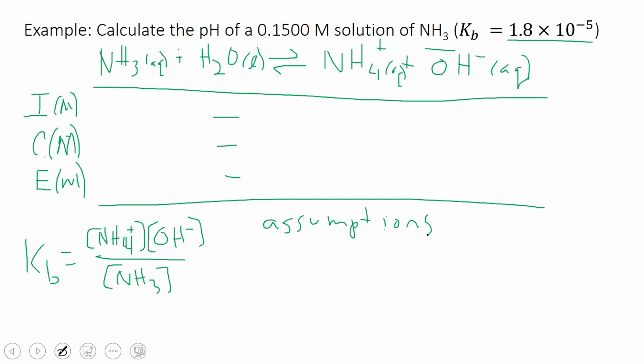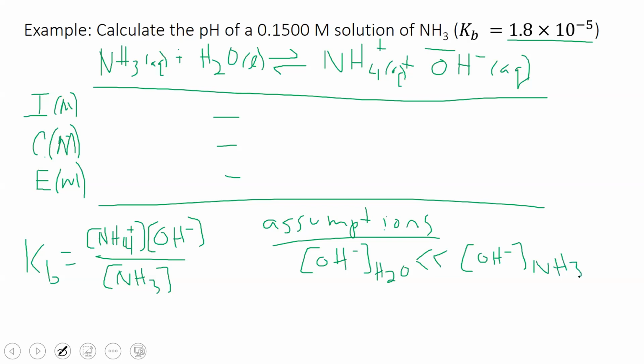Okay, so the assumptions that we're going to make are, again, the concentration of hydroxide from the autoionization of water is much less than the concentration of hydroxide that we get from the ammonia reacting with the water, right?